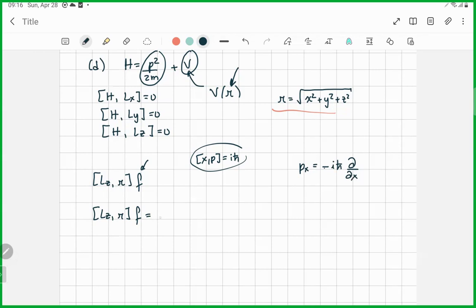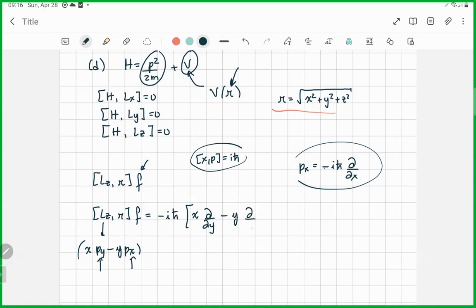Okay, so if we use that, this commutator will become this. Okay, so what I'm doing is Lz is x py minus y px. So I'm writing this py and this px using this form. So then we have d/dy minus y and the partial derivative in x, on r and the function.